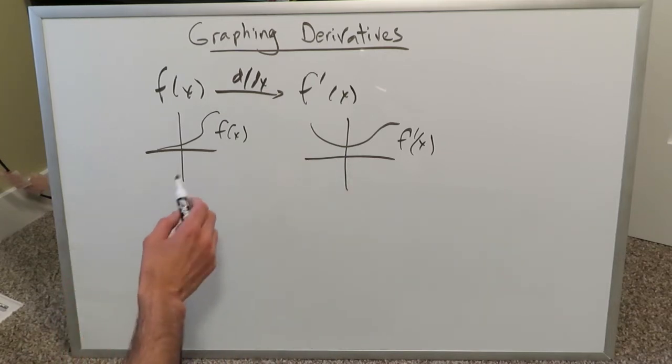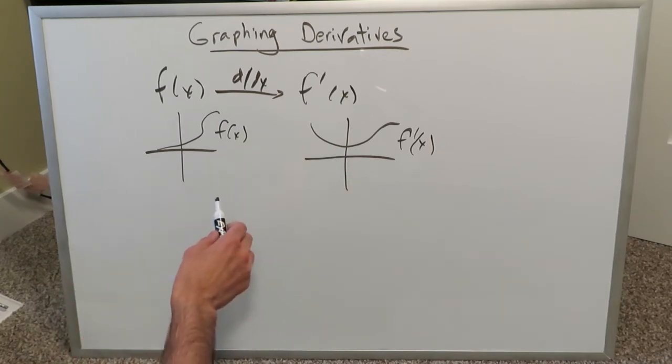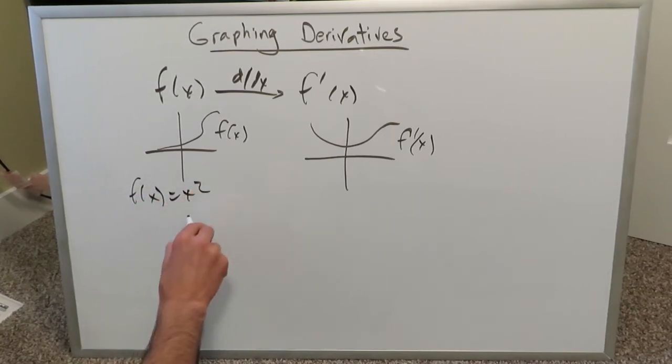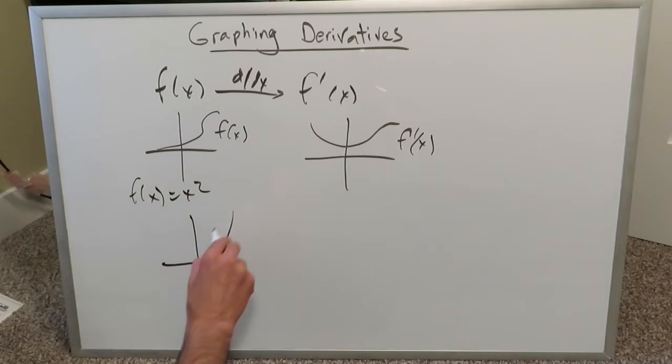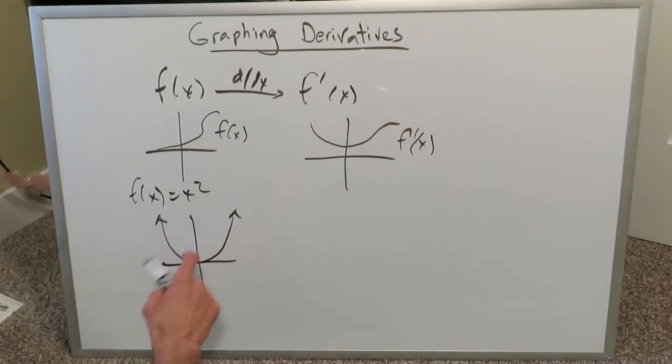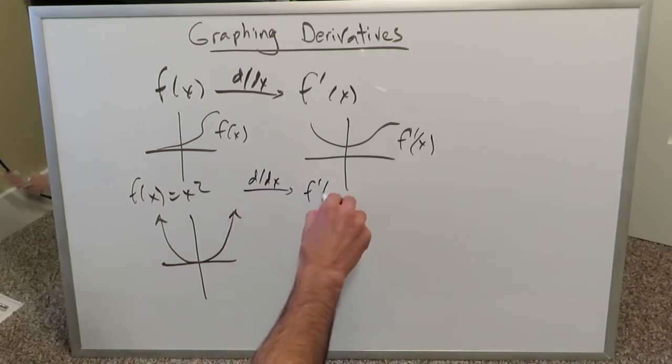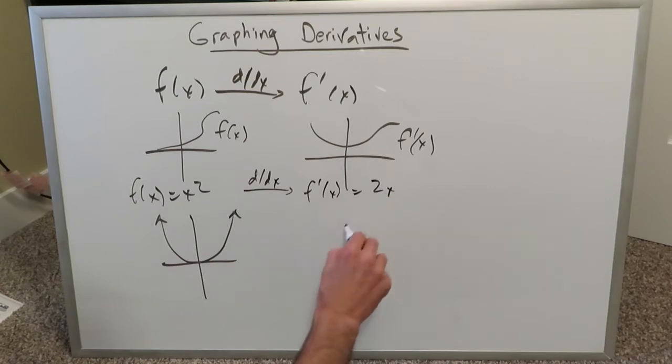Taking this as a very easy example, and I know I always default to this, if f of x is equal to x squared, you know the graph of that is easily seen to be this. If you do the derivative of this, you've gotten the derivative to be 2x, therefore the graph must look something like this.